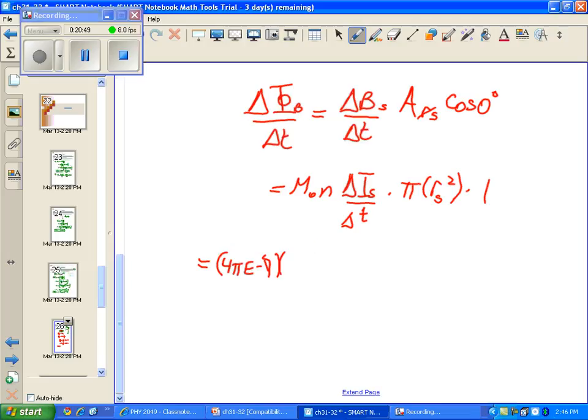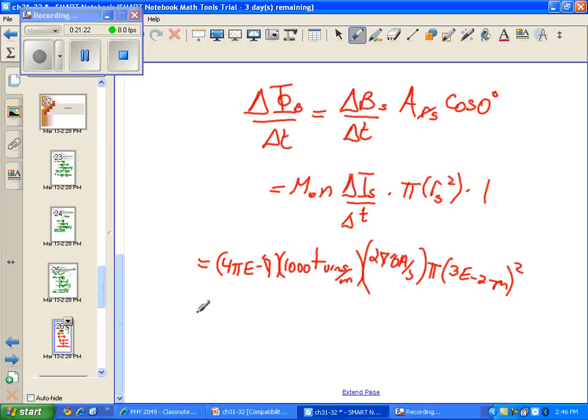The little n of the solenoid was given to us as 1,000 turns per meter. The change in the current through the solenoid, 270 amps per second, times pi, times the radius that the solenoid cuts through, which I'm going to put as the radius of the solenoid, 3e to the minus 2 meters.